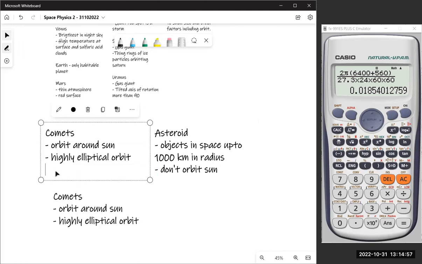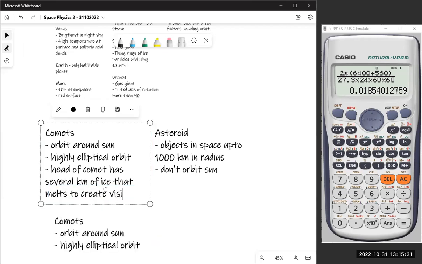We look at first what a comet is. The head of a comet has several kilometers of ice that melts, or evaporates, to create the visible effect of a tail by reflecting sunlight.